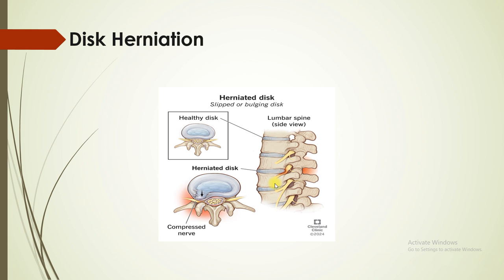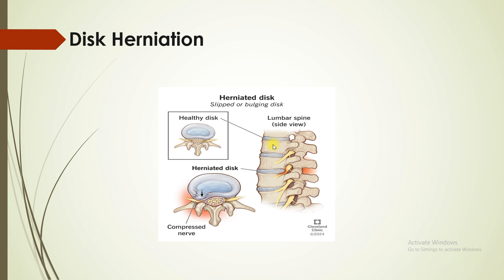In an interview they will also ask the difference between the vertebral body or vertebral segment and the disc. Just tell them: the vertebral body or vertebral segment is the bony part of the spine, and the intervertebral disc is the cartilaginous material present between two vertebrae.